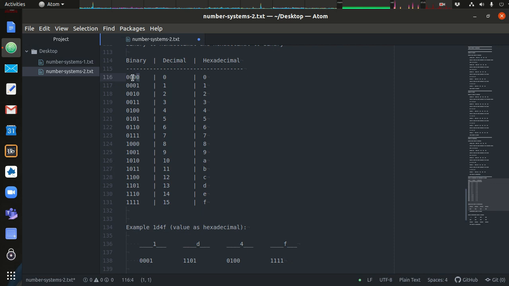The next column alternates 0 0 1 1 0 0 1 1 0 0 1 1. The next column alternates 4 zeros, 4 1s, 4 zeros, 4 1s, and then this one is 8 zeros and then 8 1s.